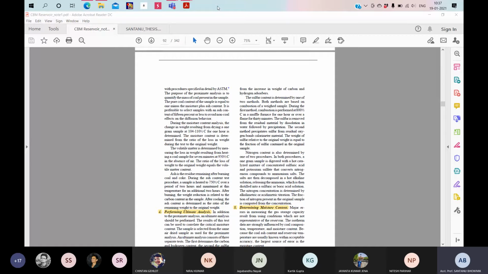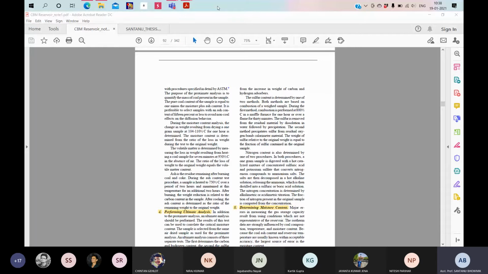the R naught percentage. Do you remember R naught percentage? I have told you earlier that R naught percentage is the vitrinite reflectance, which is defined as the amount of light reflected from a polished coal surface under the microscope. Based on that, there is a classification that classifies coal by the R naught percentage.